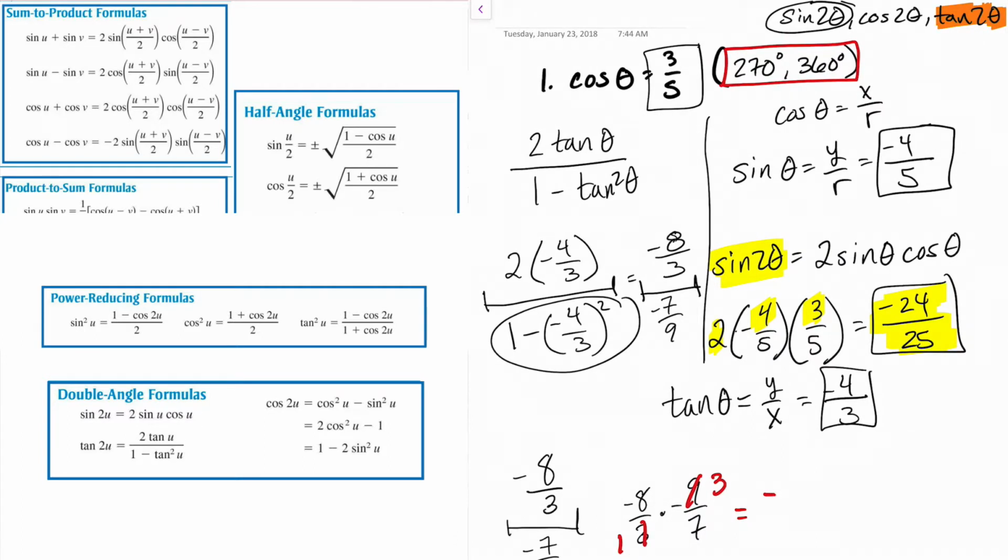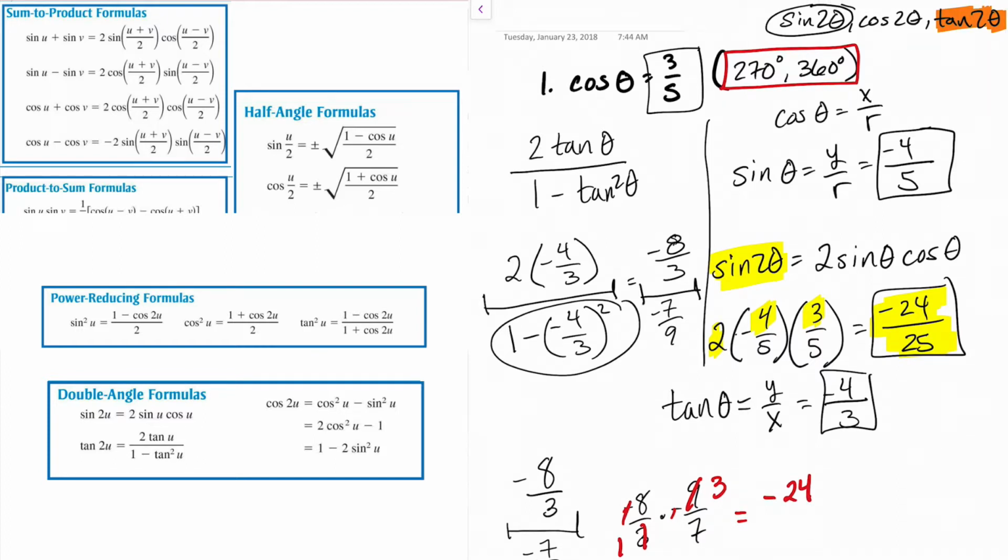So I'm left with negative 24. Actually, negative cancels, so it's actually a positive. I'm left with 24 over 7, and that is the value for my tangent 2 theta. And that's that. So that's number 1.